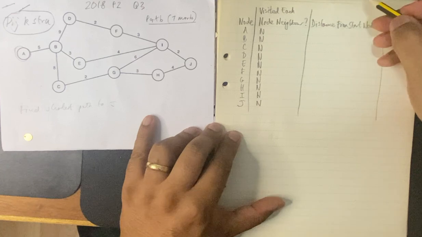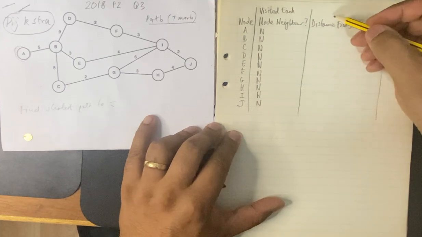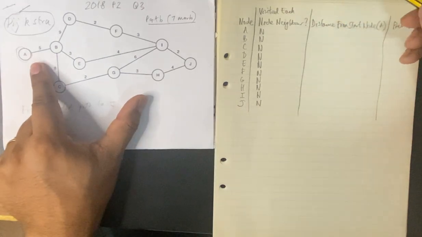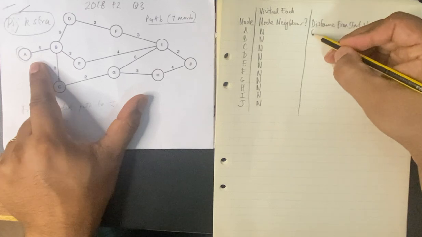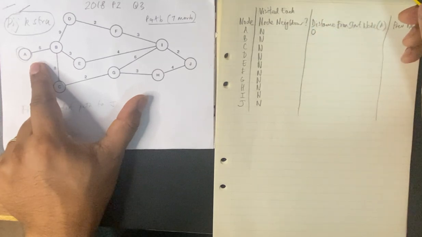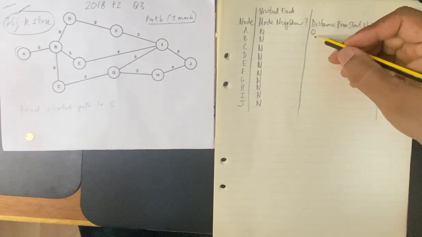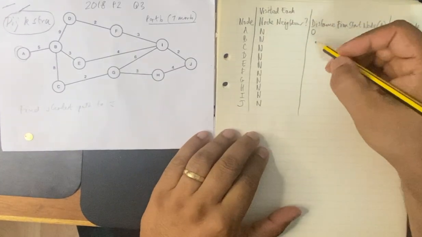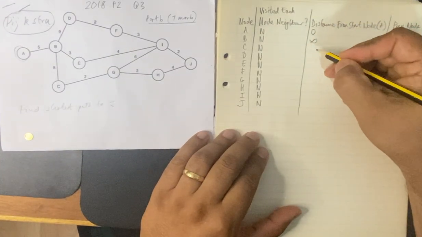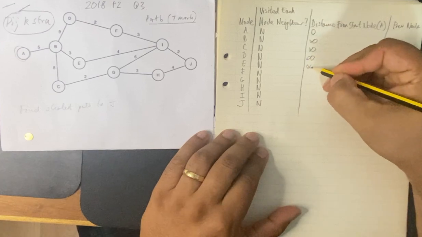Now, do we know the distance from the start node? Well, we do for A because it's 0. Now, we don't know the distance yet for the other nodes, but we're going to set it to a special value, infinity, and we'll see why.